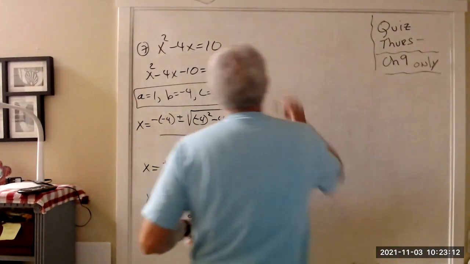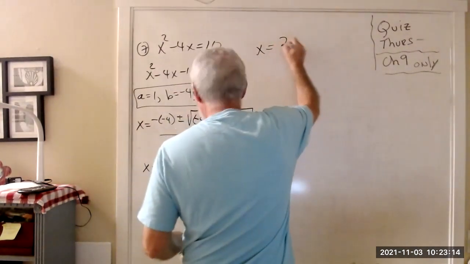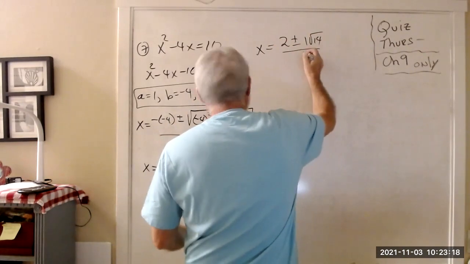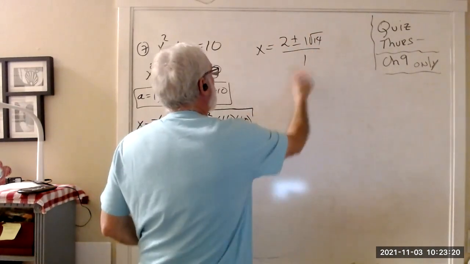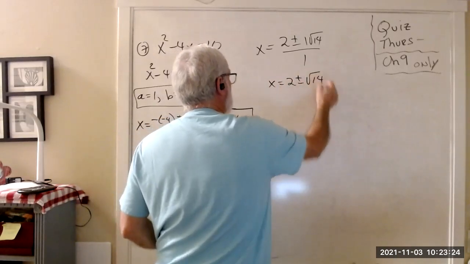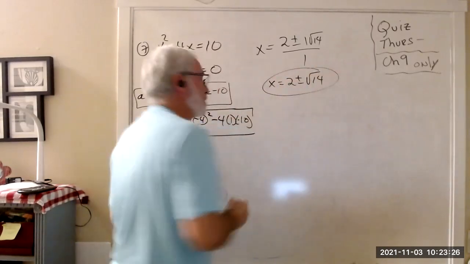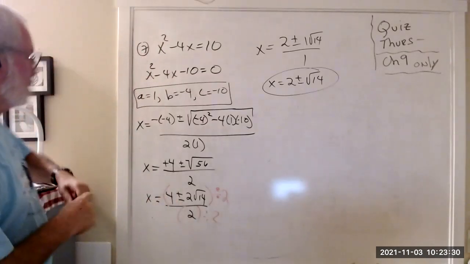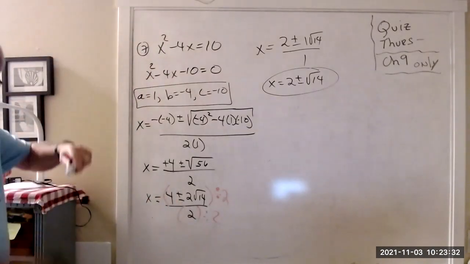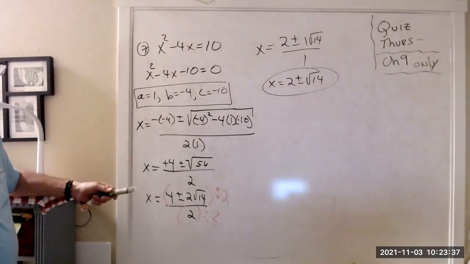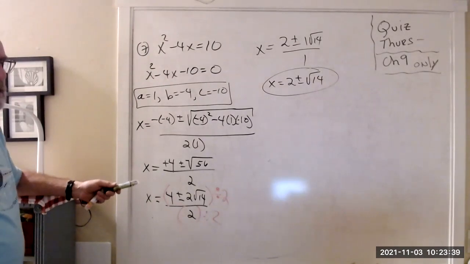So if I divide, I get x is 2 plus or minus 1 radical 14 over 1. I don't need the ones anymore, so this is 2 plus or minus the square root of 14. Technically, you're done.